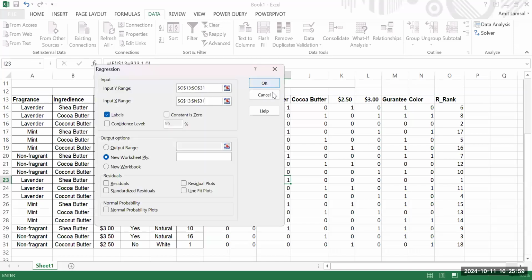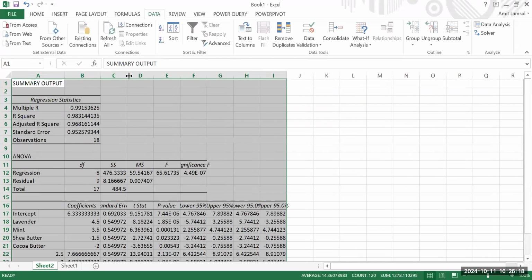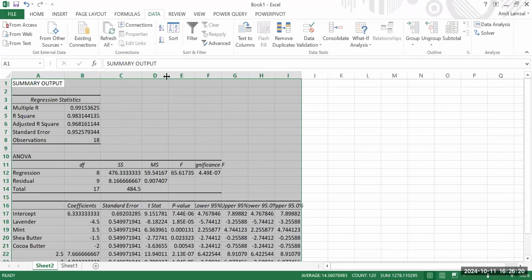So you have got all of these. You will put the labels on so that it will be easier for us to understand where is it going and what is this. So we will have our output in the next worksheet. You can just apply OK, and you can see we have our output given.